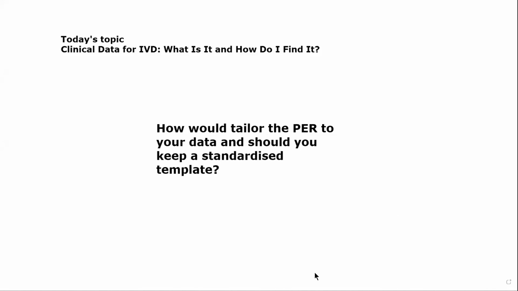So there's going to be a standardized template regardless for the PER. There are certain key requirements that should be included regardless of your type of device. Across all classes of device, they're going to expect to see certain elements within the PER. Now, the level of detail is where they're going to diverge primarily.